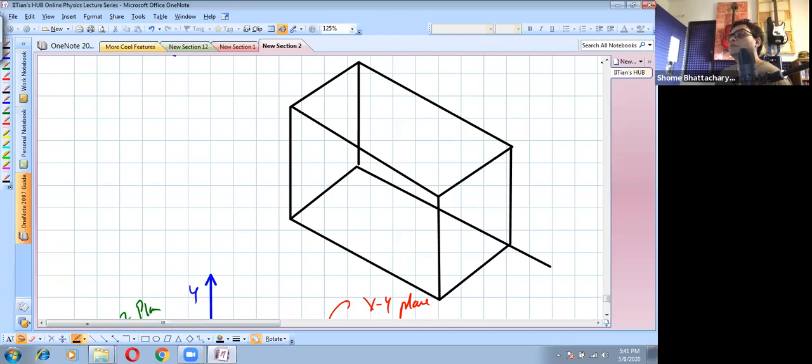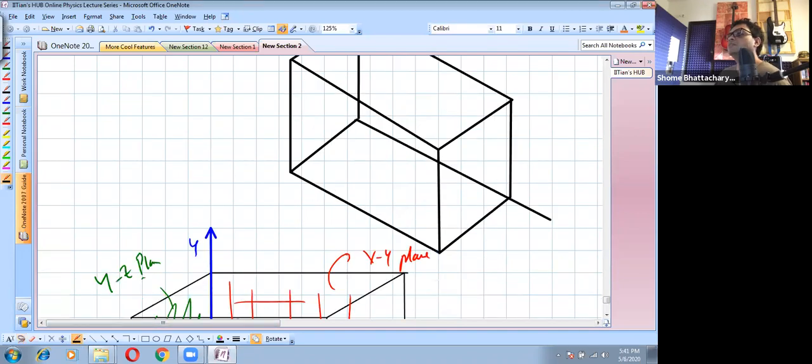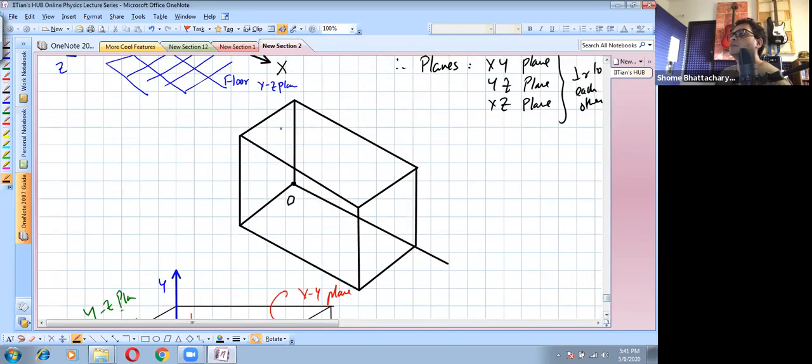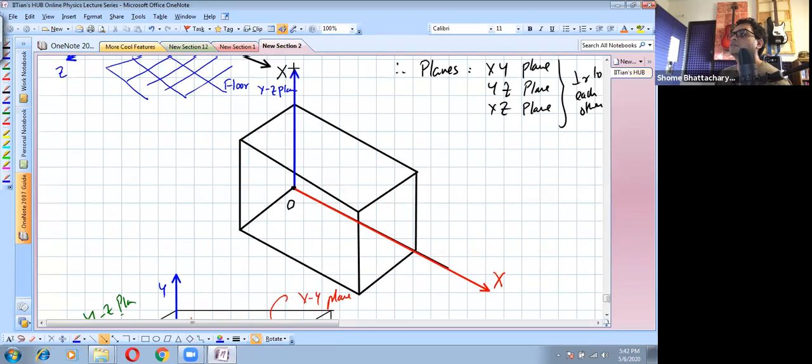So now in this box, if I label this point as my origin, this side is becoming my x-axis. This edge is becoming my y-axis.